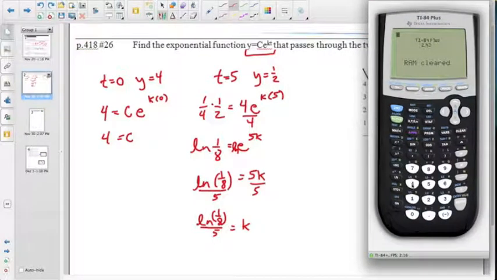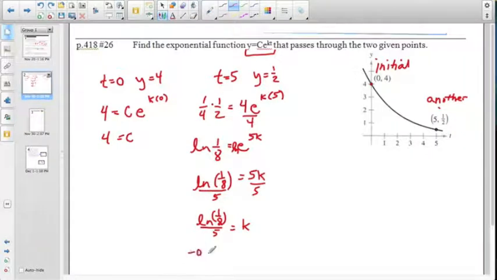Okay, so if we take the natural log of 1/8 and divide that by 5, notice we get the negative value of 0.416. So that's our value for k. It doesn't matter which way we leave it. So that particular solution is going to be 4e to the negative 0.416t.